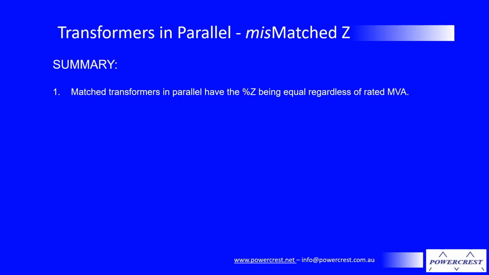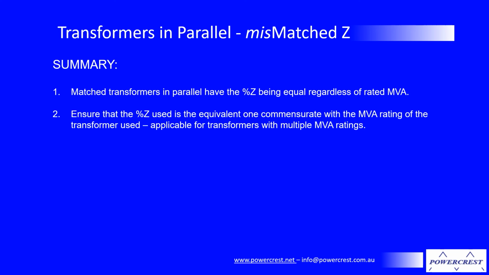Now, number two, ensure that the percentage impedance value used is the equivalent one commensurate with the MVA rating of the transformer. And this is applicable for transformers with multiple MVA ratings. So if I have a transformer which is, say, 10% at the rating of 20 MVA, and there is a rating given at 25 MVA as well because of additional cooling, then if I'm going to use 25 MVA in my calculations, I cannot use 10%.